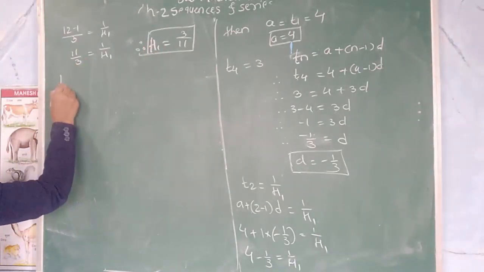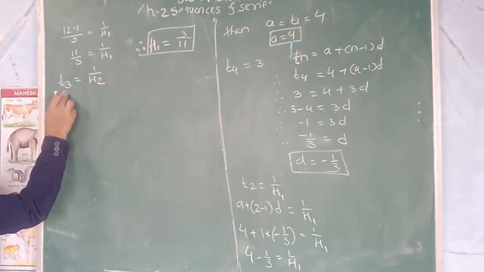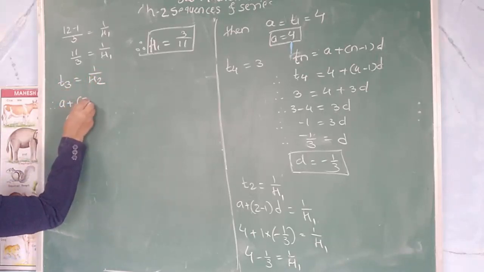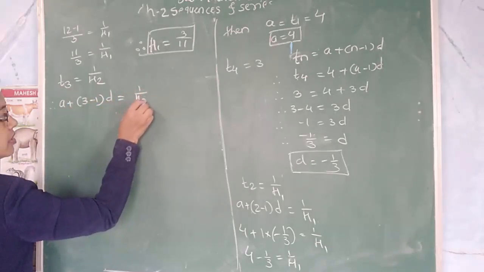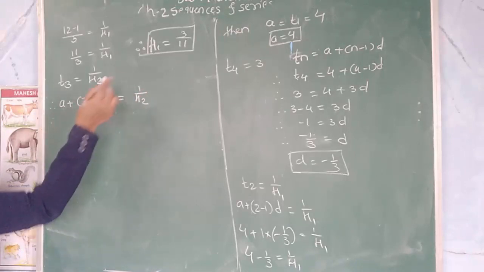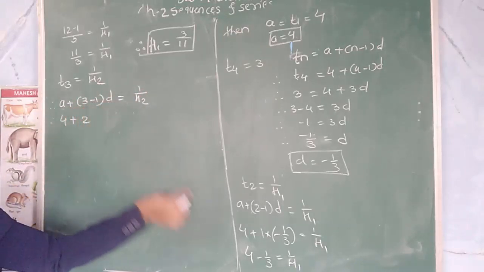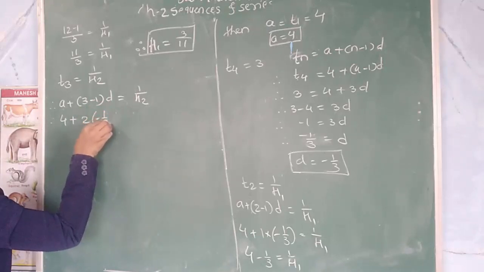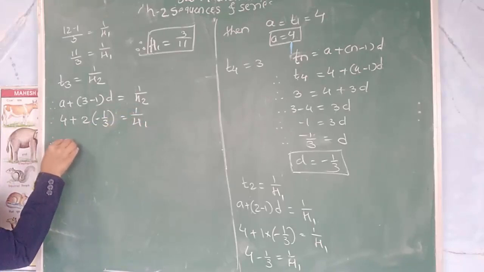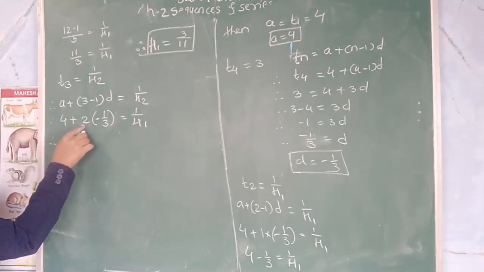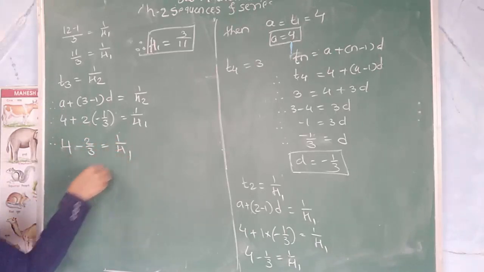Now T3 is equal to 1 upon H2. So Tn is A plus n minus 1 into D, equal to 1 upon H2. The value of A is 4 plus 3 minus 1, that is 2, and D is minus 1 by 3. So 2 into minus 1 by 3 is minus 2 by 3, equal to 1 upon H2.